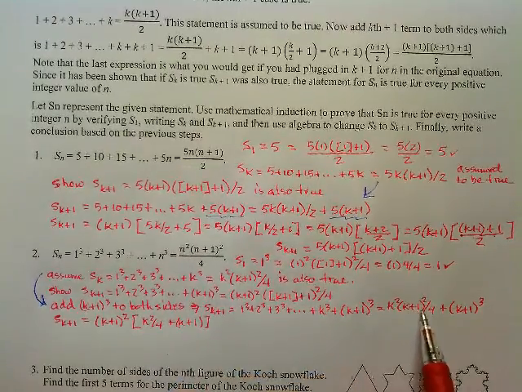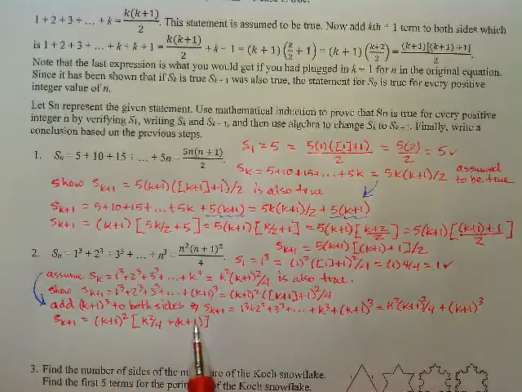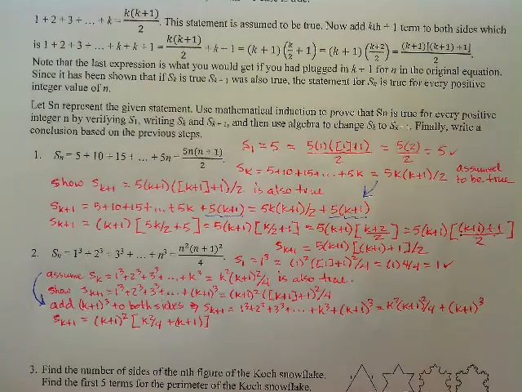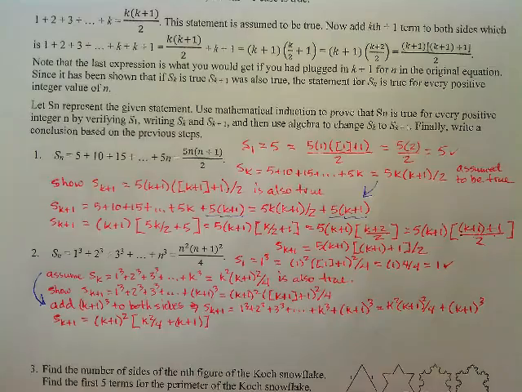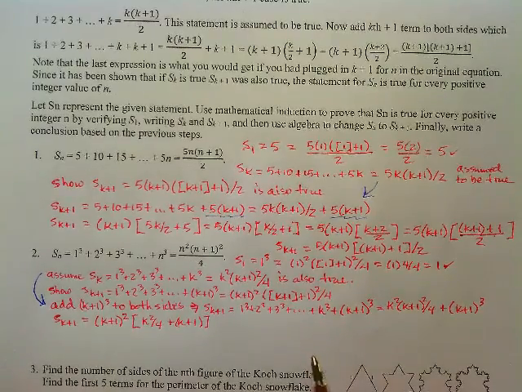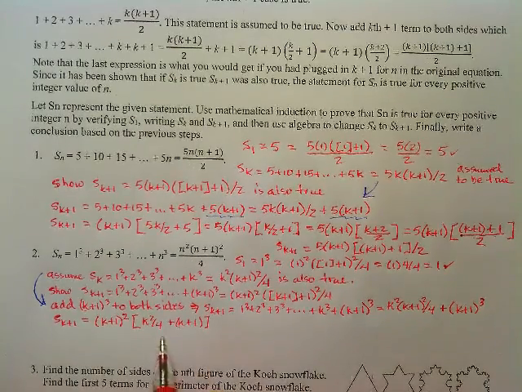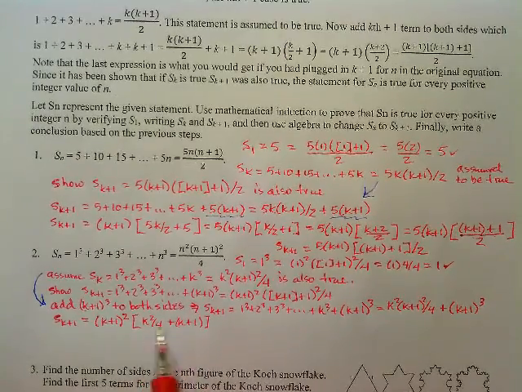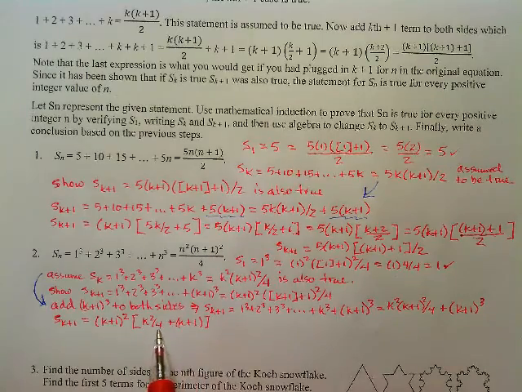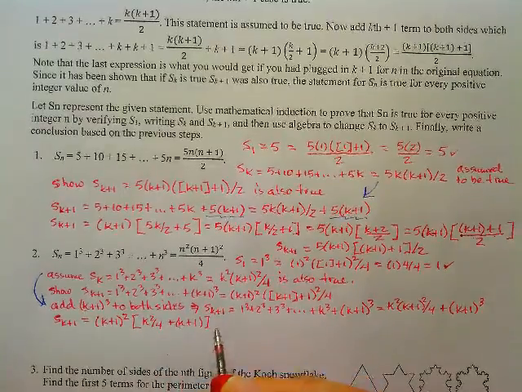Again, I pulled out the (k+1) squared right there, and here I pulled out 2 of the 3, so I left one of them behind. Now if we put all of this together, I'm going to need to multiply this by 4 over 4 so that I can put it all together.